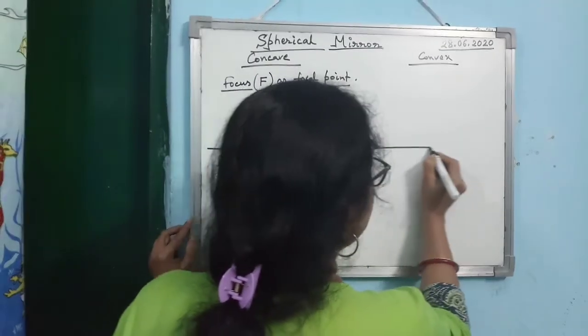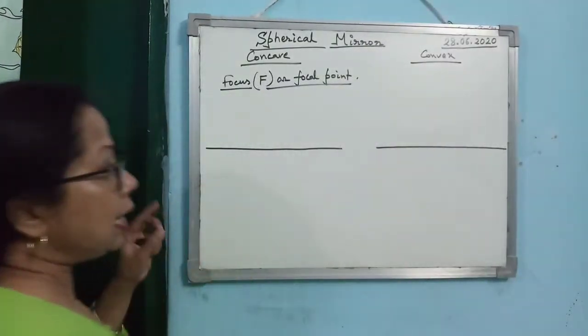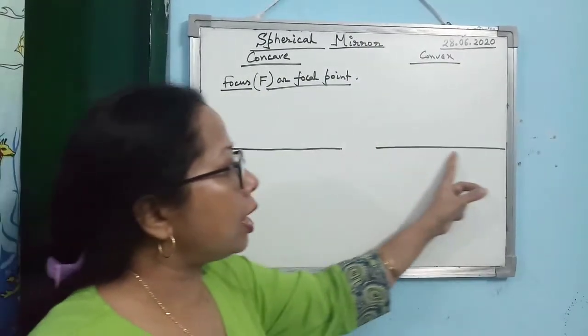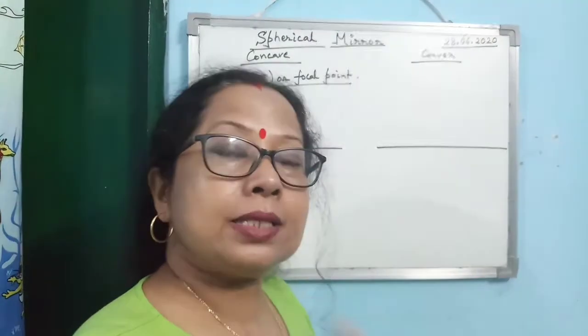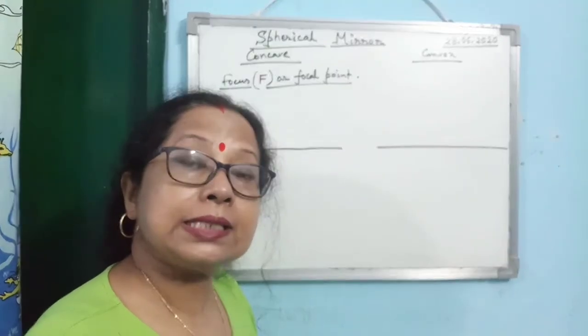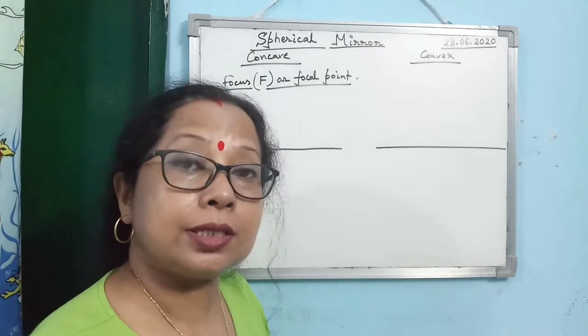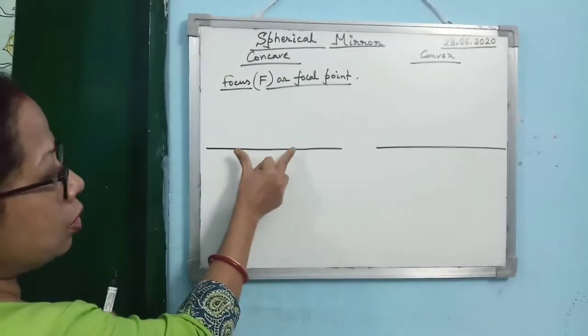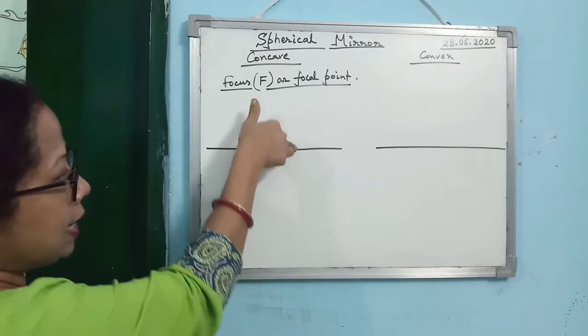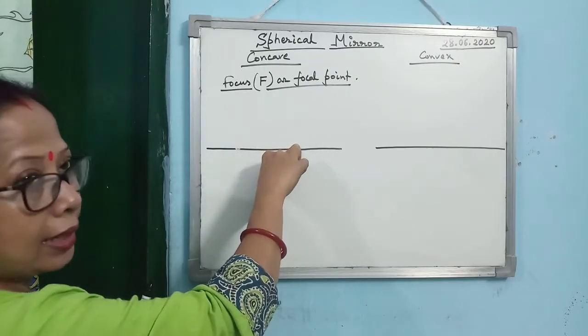What is the instruction I have given? Along one ruled line, draw a line. Is that clear? Then you take a pencil compass and take 6 centimeter radius. Suppose my hand, this is the pencil compass. So you center on the line and then you draw a curve like this.